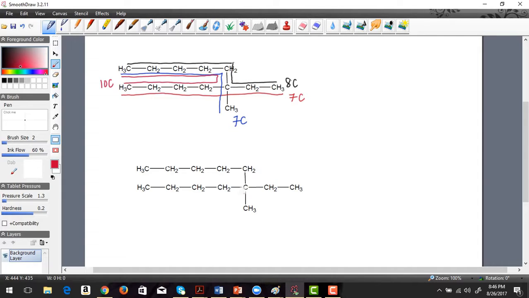Here you can use the rule I even suggested earlier, which is, well, we know now these two are our substituents, right? And they are hanging off this carbon, right? And if you look to the side of the carbon containing the substituents, there's 4 on this side, there's 5 on this side, right? And I told you earlier when I taught you how to name compounds, you start numbering from the side that has the least number of carbons, right?